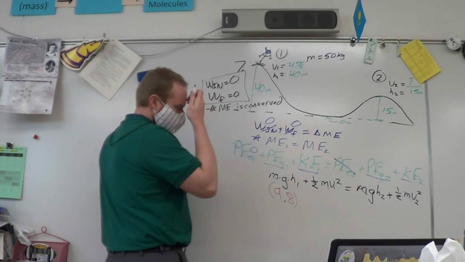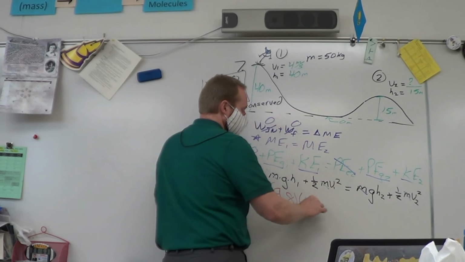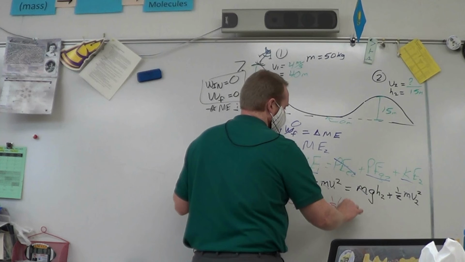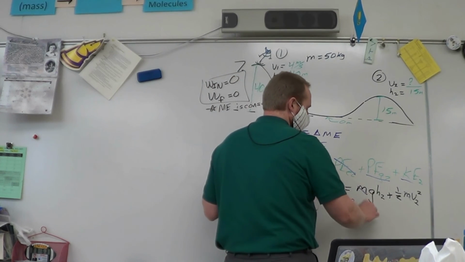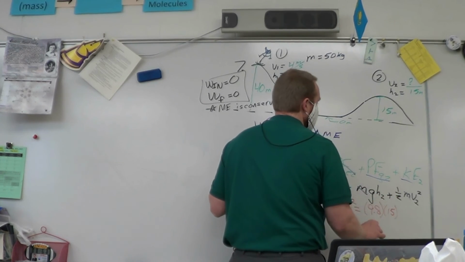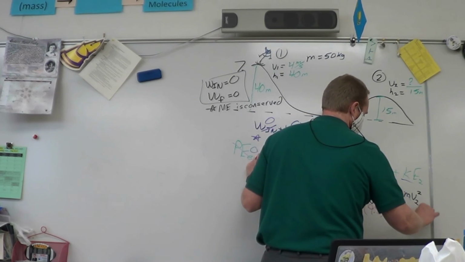So if we chose to cancel it, which I'll do this time, we can say 9.8 times my h1, which is 40, plus 1/2 our v1, which was 4, and then we square the 4. And that's equal to 9.8 times 15 plus 1/2 v2 squared.